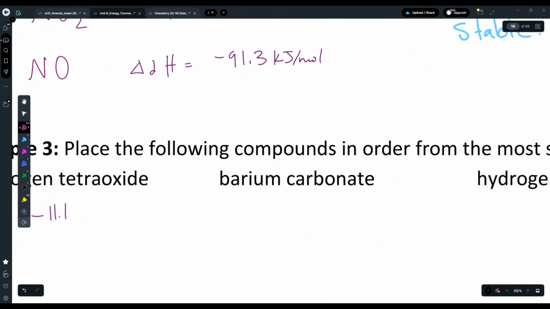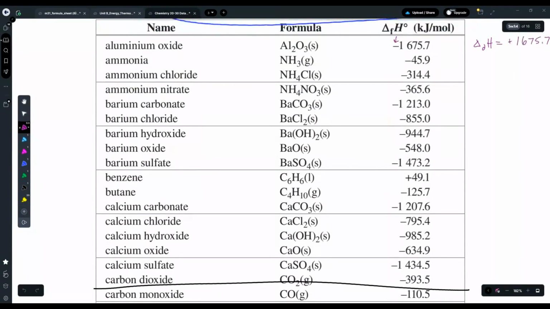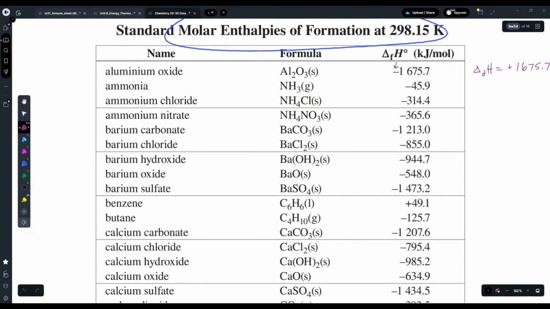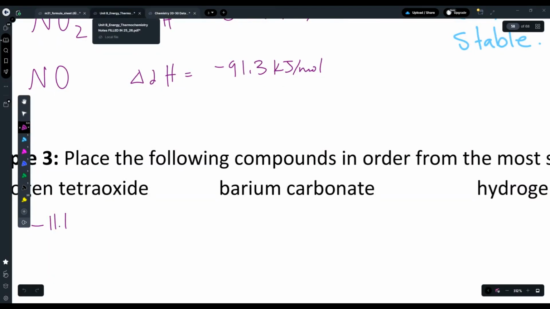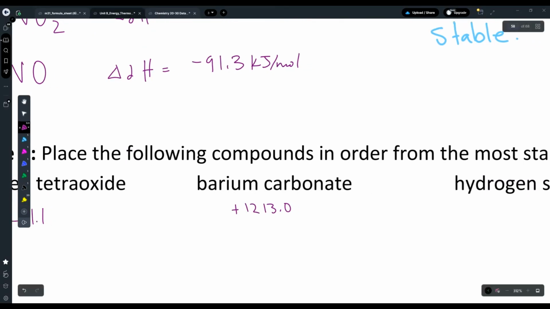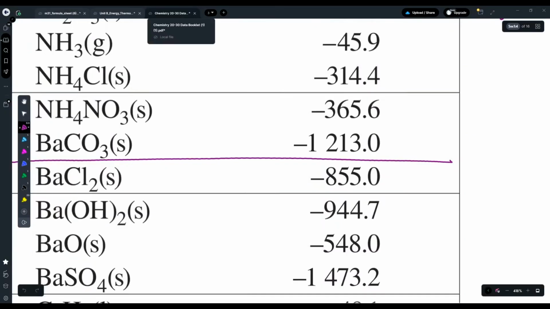All right, barium carbonate. So that is right here. So we got to flip the sign. So that's going to be positive 1213. All right, hydrogen sulfide gas.